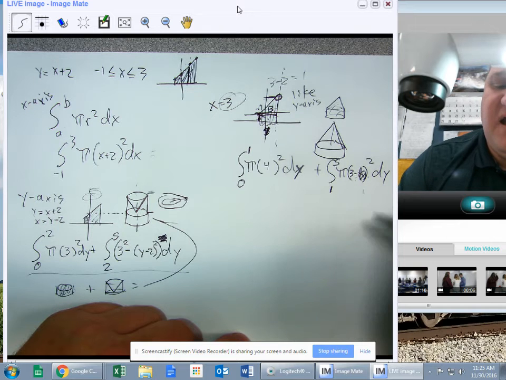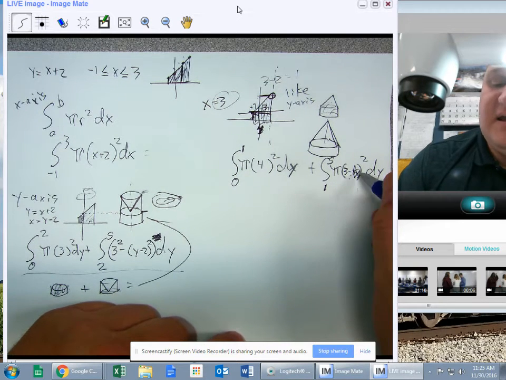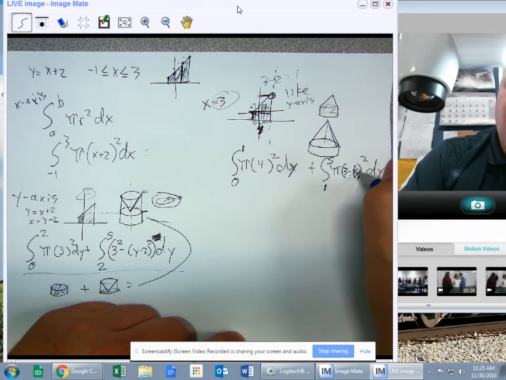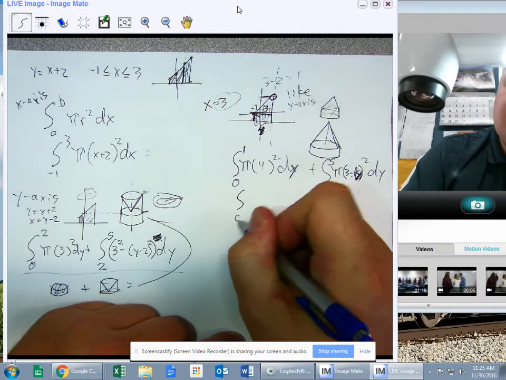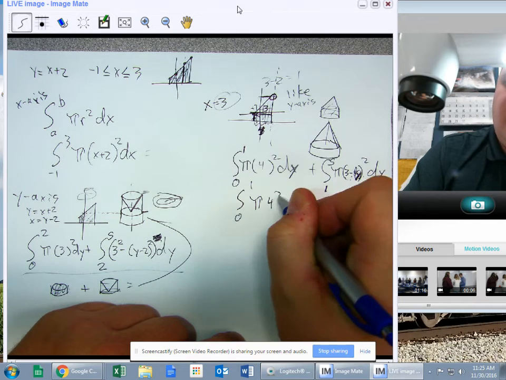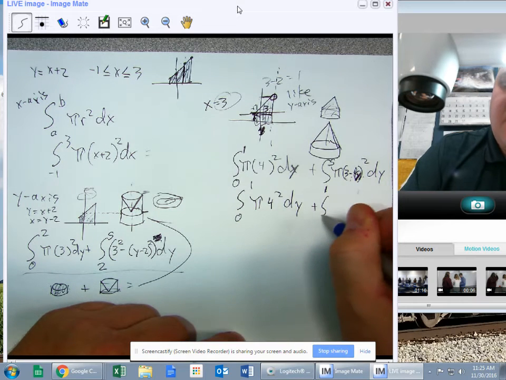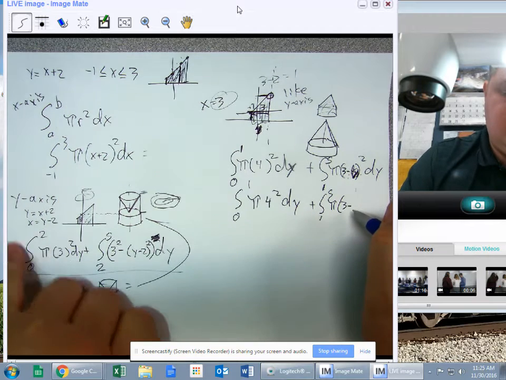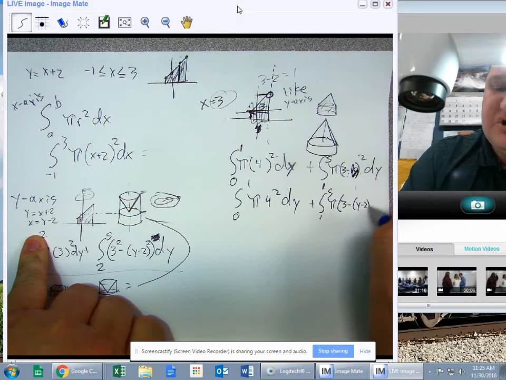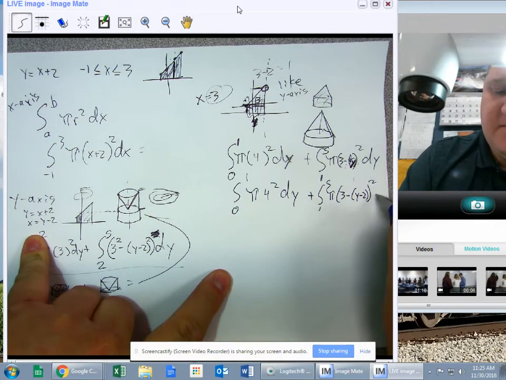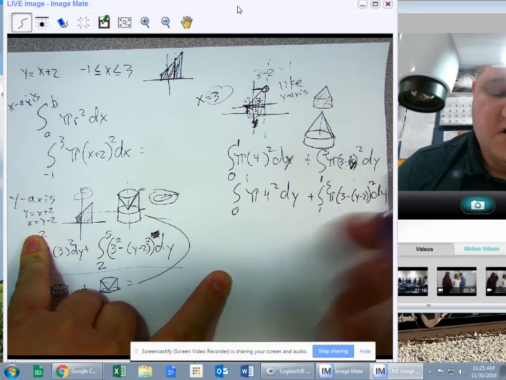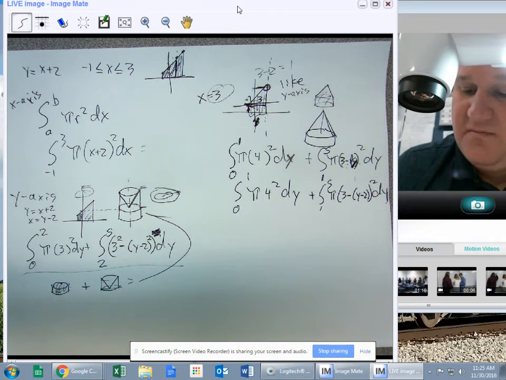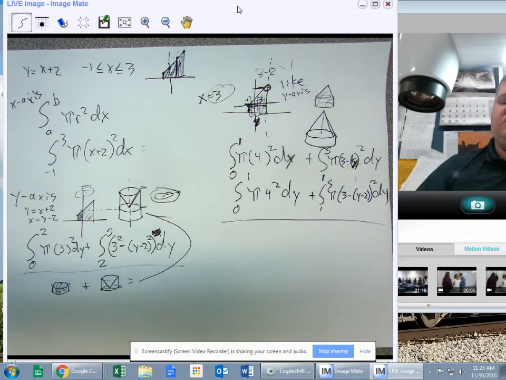So 3 minus f of x, that's finding the radius. Now, again, I put f of x, but it needs to be f of y. So integration from 0 to 1, pi 4 squared dy plus from 1 to 5, pi 3 minus y minus 2, quantity squared dy. All right. So with that, you can put those two together, and that's it. We'll continue in the next portion.